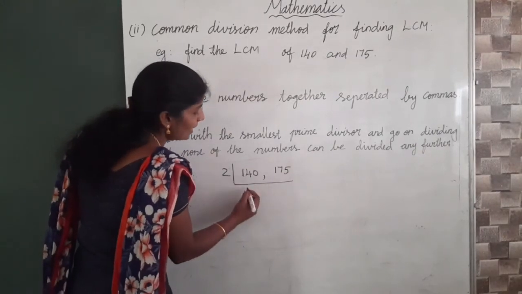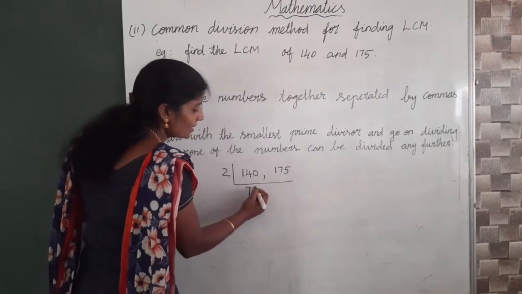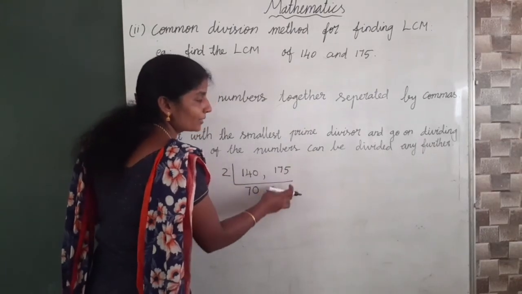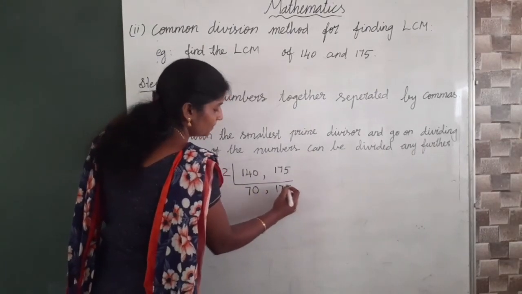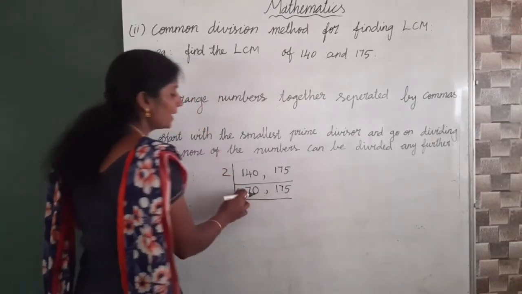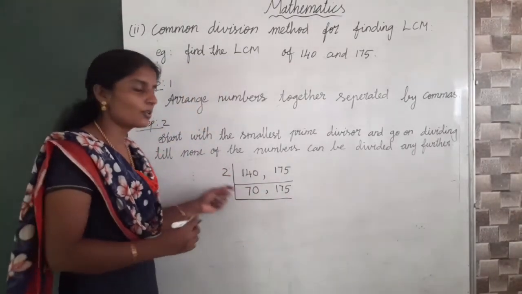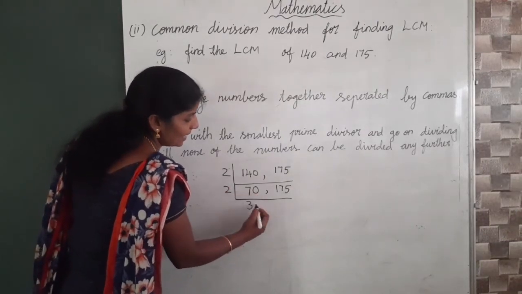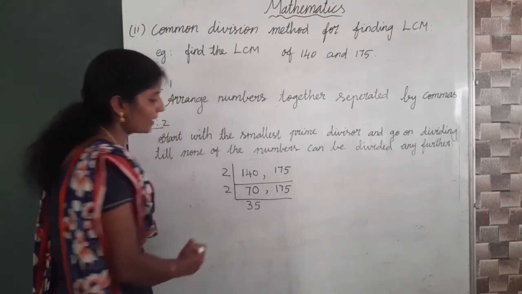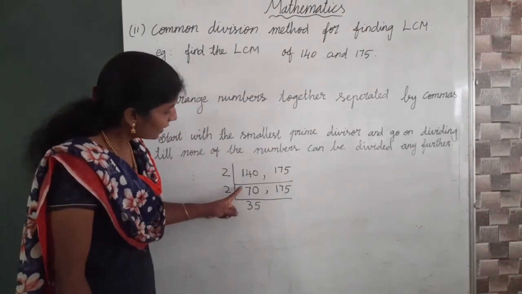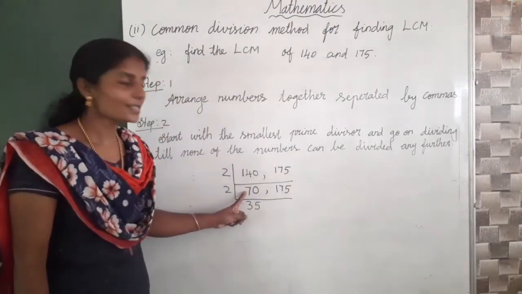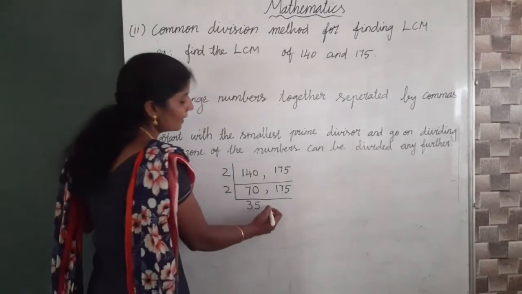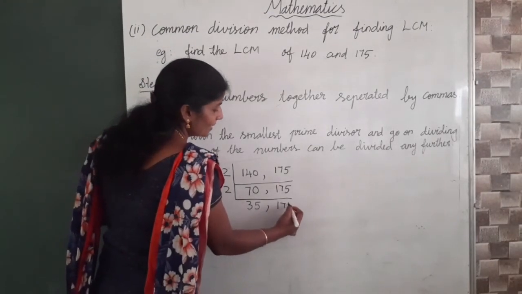Now here 2 table, 7 2s are 14, then 0, comma. This is not in the 2 table, so we bring down the same number, 175. Now here we have again one even number. So 2 table, 3 2s are 6, 1 balance, 10, 5 2s are 10. Now 175 we write down.